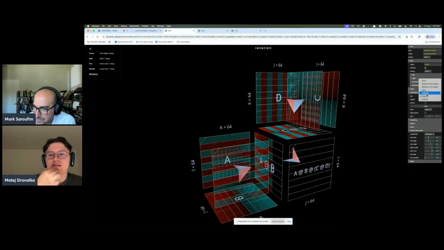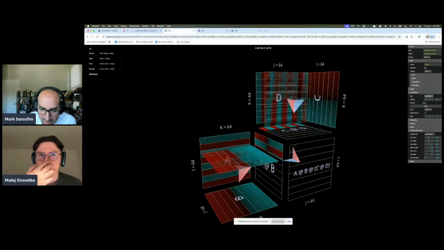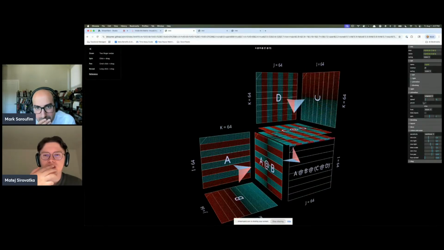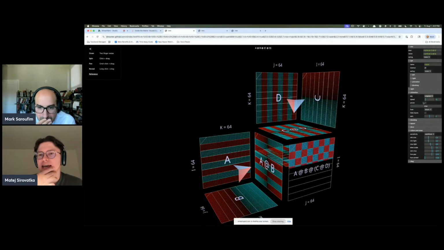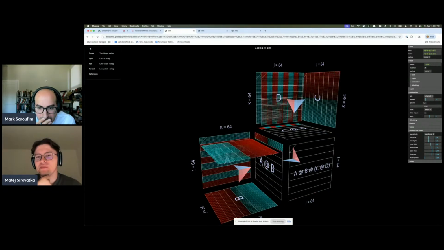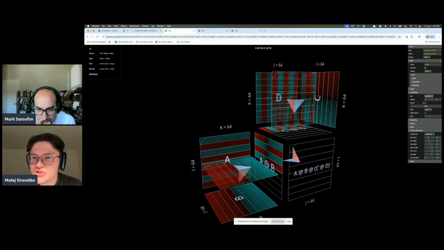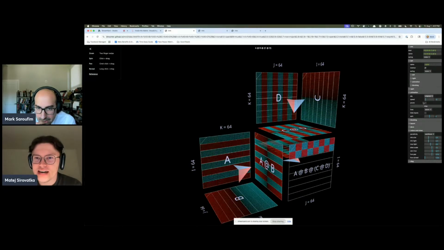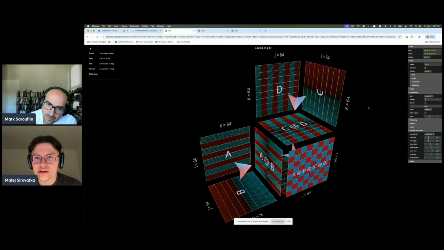All right, tell me. So if you think of D times C, for example, or C times D, you're doing across a K dimension. So you're going like a half red, half blue with identity or inversion. So you get like inverted.